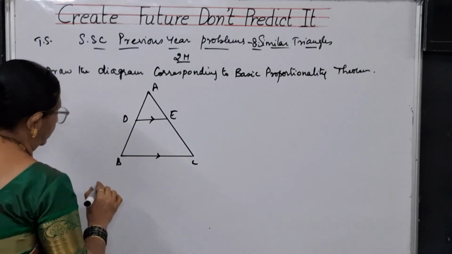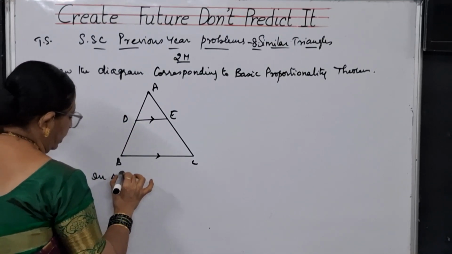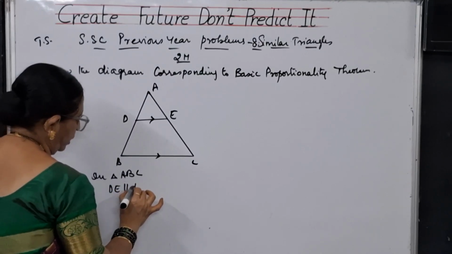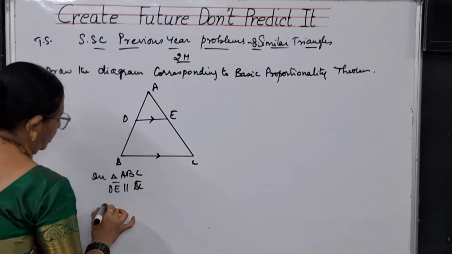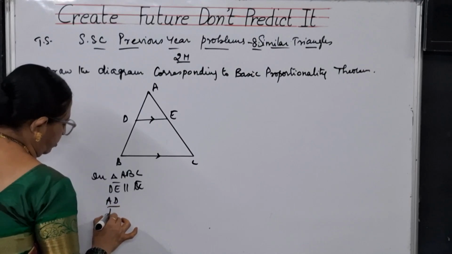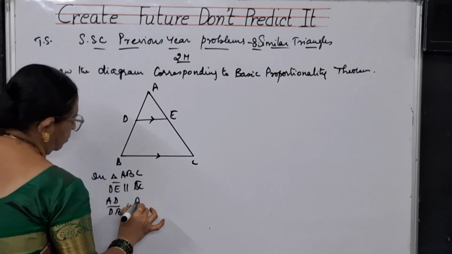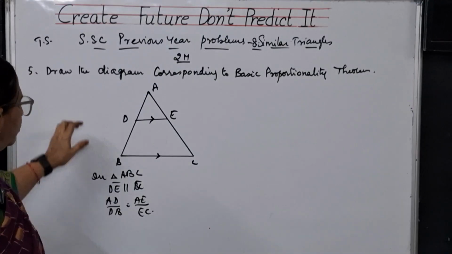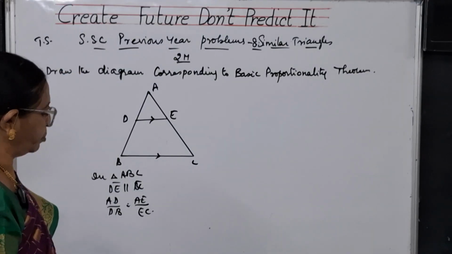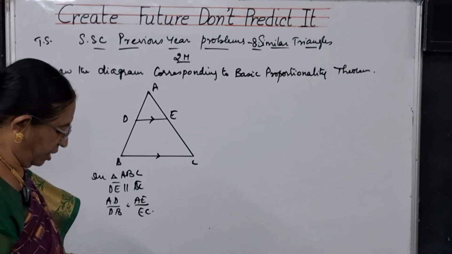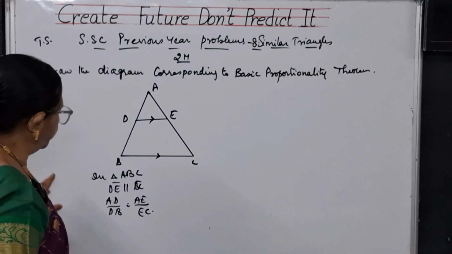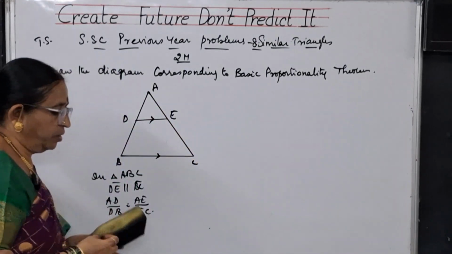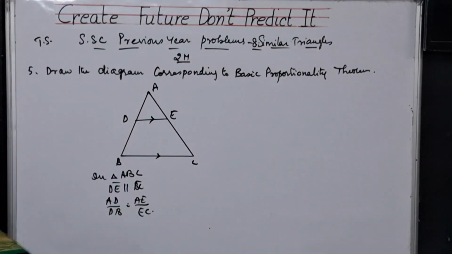So, here in triangle ABC, DE is parallel to BC and AD by DB is equal to AE by EC. In this case only you can prove this basic proportionality theorem. Since they have asked you only to draw a diagram, this is quite enough, children. Draw the diagram. That's all.